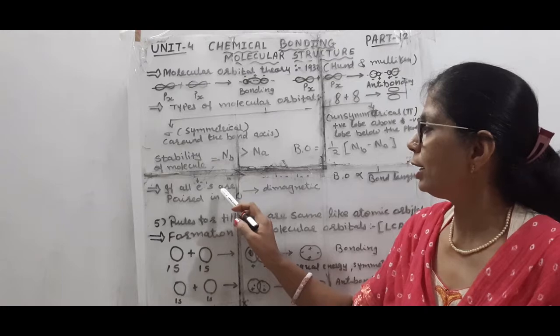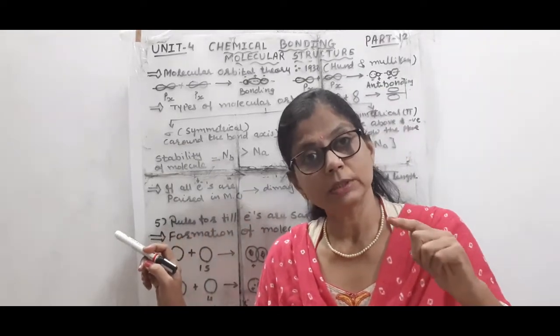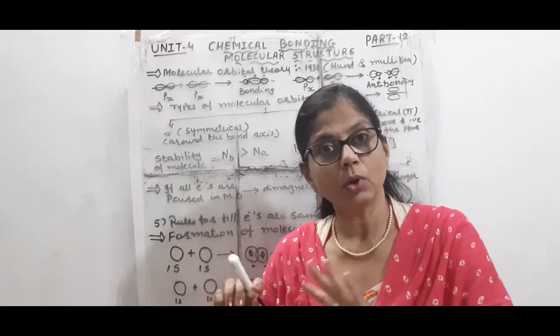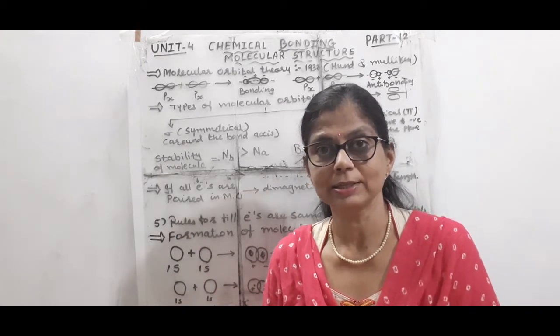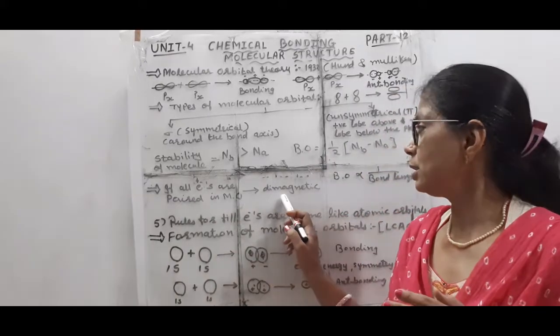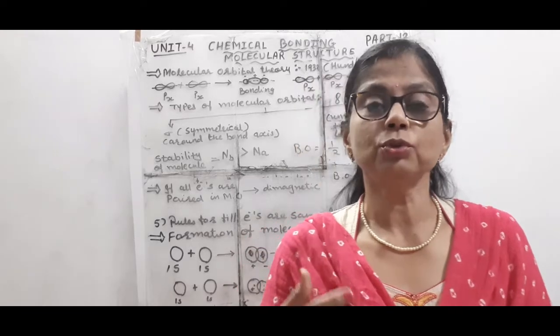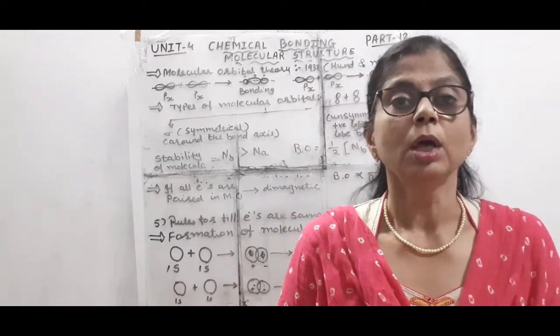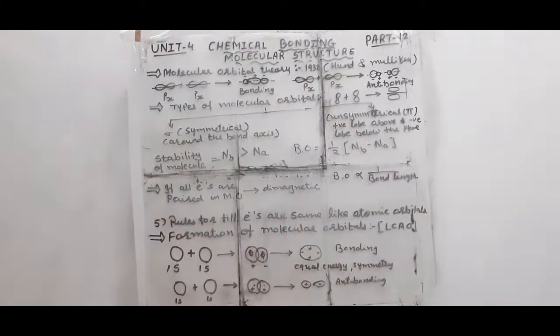So if all electrons are paired while we draw the molecular orbital diagram, and no unpaired electron is present, then that molecule is known as a diamagnetic molecule. Now let us see how to draw the molecular orbital energy level diagram, students.